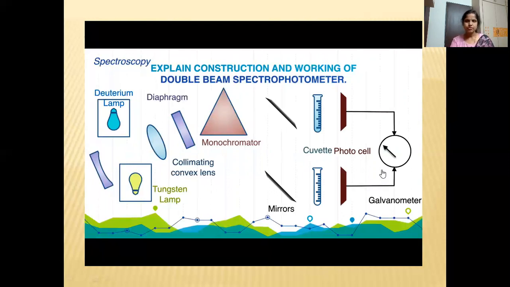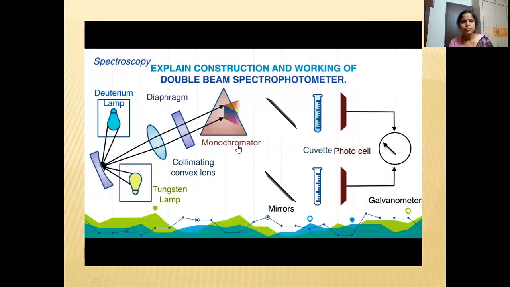Now, the light radiations coming from the deuterium and the tungsten lamp are passed on to the collimating convex lens, then to the diaphragm, then the monochromator.